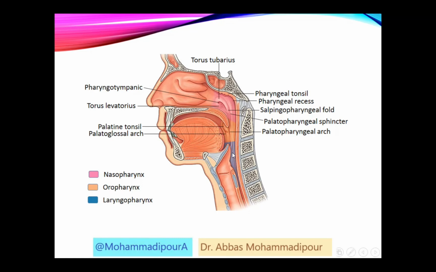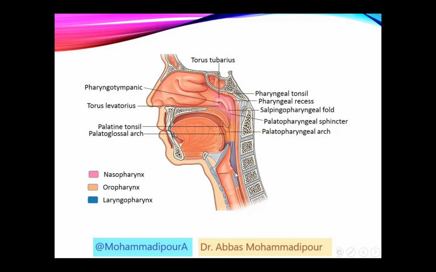According to its location, the pharynx is subdivided into three parts: the superior, the middle, and the inferior. The superior part, as you see, communicates with the nasal cavity, so it's called the nasopharynx. The middle part communicates with the oral cavity and is called the oropharynx.